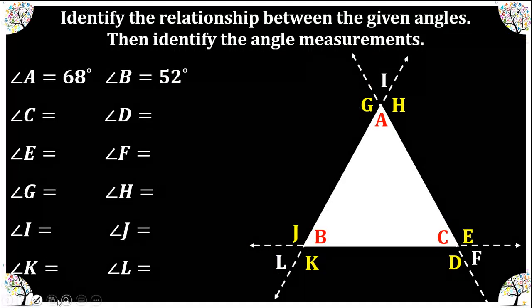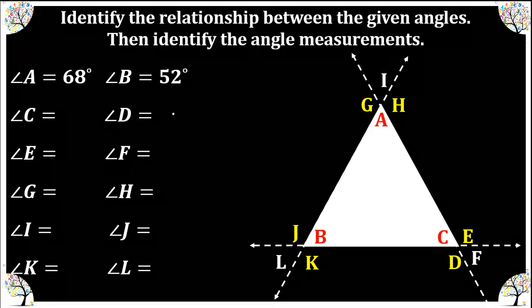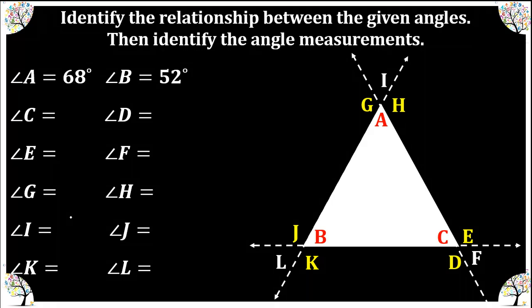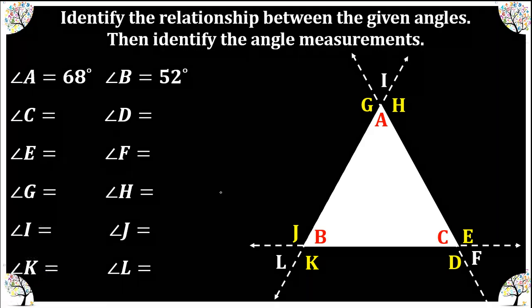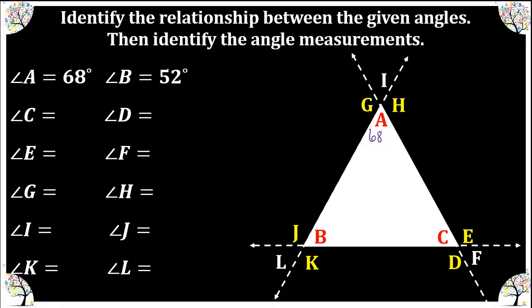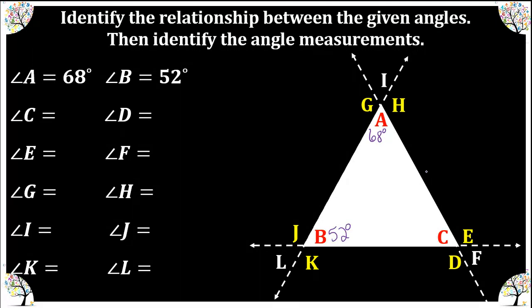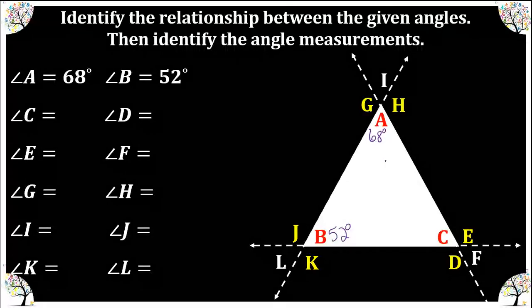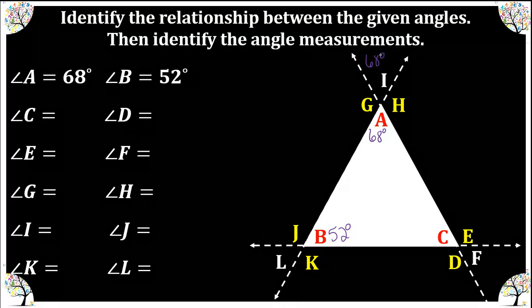Now let's take a look at some practice problems using the relationships that we know between all of our angles. A, they tell us, is 68. B is 52. And now we want to name all the other measurements. We can go many ways. First of all, we can do our vertical angles. So we know I is 68 degrees.